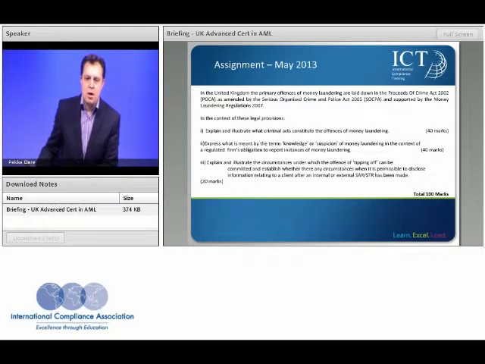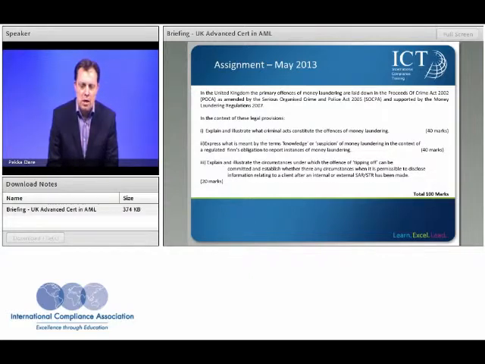This gives you an idea of the depth and the tone of the assignments. This is taken from a recent paper that's being delivered in May this year. And you can see the question talks about the primary offences of money laundering under the Proceeds of Crime Act. And it asks you to explain and illustrate what criminal acts constitute the offences of money laundering and express what is meant by the terms knowledge or suspicion of money laundering in the context of a regulated firm's obligations to report.